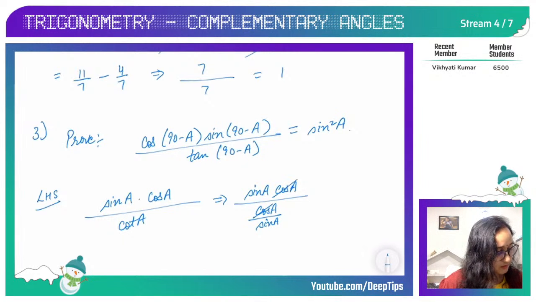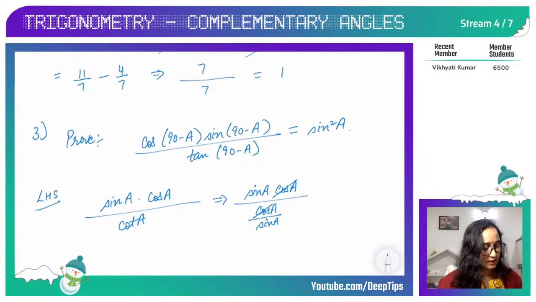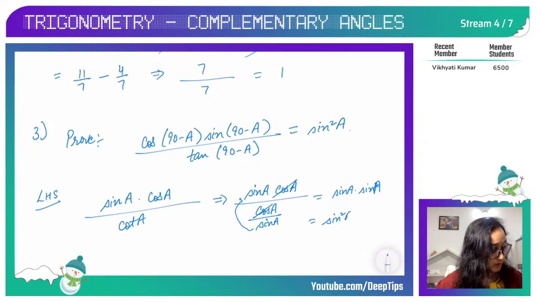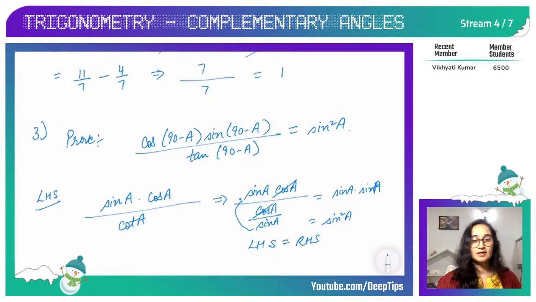So here cos a gets cancelled, and then this sine a can go up. So sine a into sine a gives me sine square a, which is your RHS. So we can say left hand side is equal to right hand side.